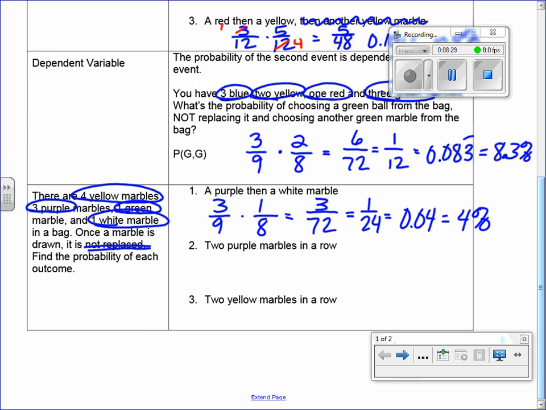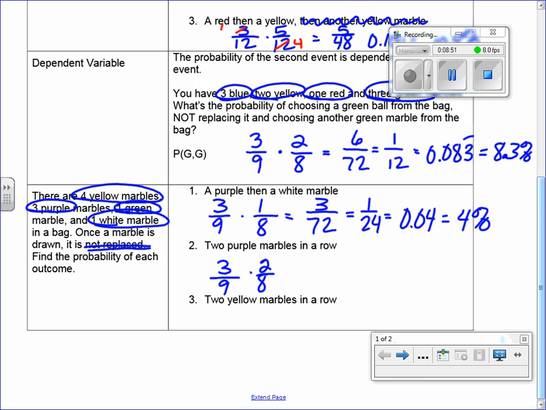Okay. So then it says 2 purple marbles in a row. All right. So again, we have 9. Purple is 3. The second number, we're going to assume that we got that first purple marble. So I'm going to change my number to 2/8. 3/9, 2/8.